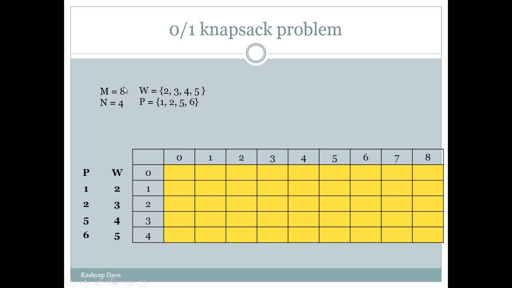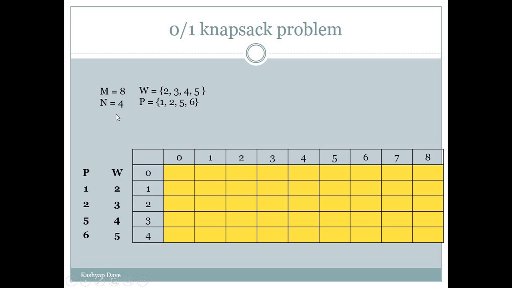Our maximum weight is 8, so we will generate a table with columns starting from 0 and going up to the maximum weight that our knapsack can carry, so from 0 to 8. Why? Because 8 is our maximum limit. On the row side, we will take our weights, which are 2, 3, 4 and 5.